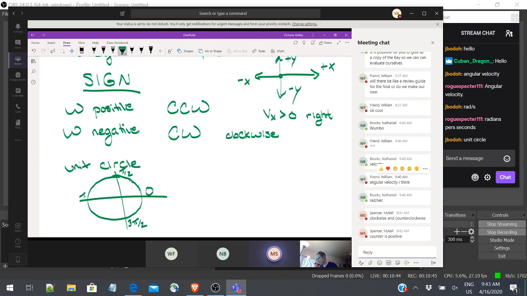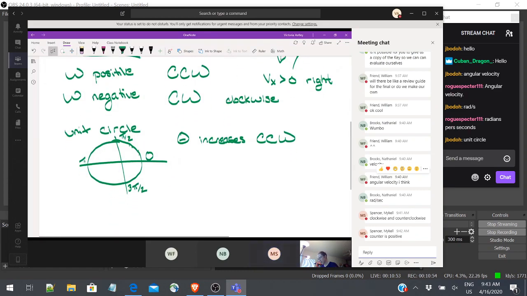Yeah, so for the unit circle, theta increases counterclockwise. So that's one way to remember it. Why does theta increase going counterclockwise? I have no idea. I guess it has to do with the fact that that's our x and y. Because we decided that positive x and positive y are to the right, just how it seems to work. Okay, there's another way to remember.